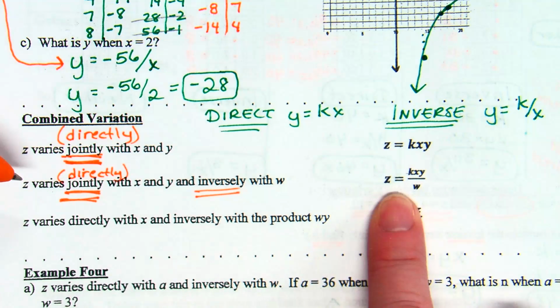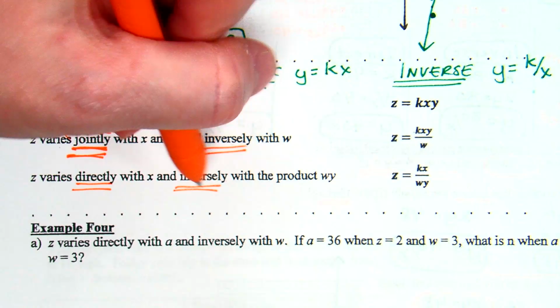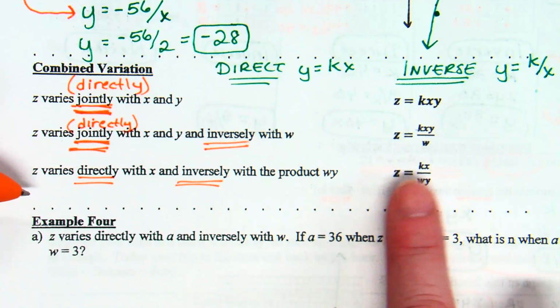Inversely with the product of wy is going to be divided by wy. Those are all just various examples to go over the vocab. What we're going to do is set some up, and they're going to give us numbers to fill in and find the missing pieces. So work with me here on trying to fill these in.